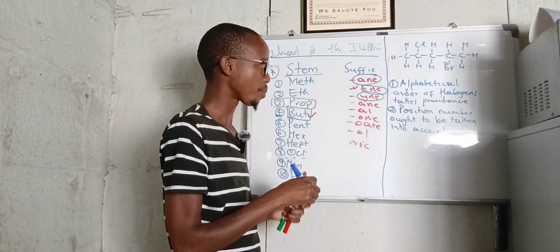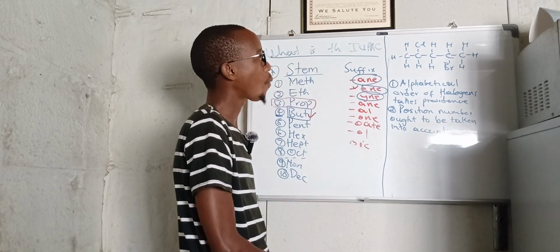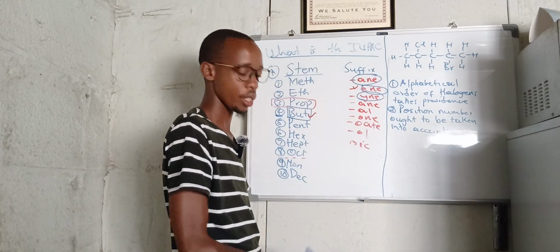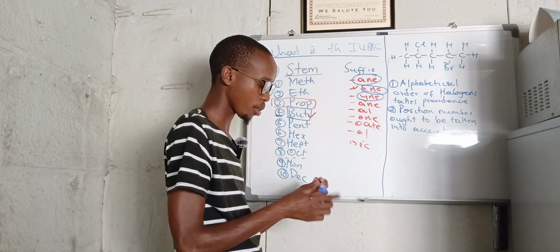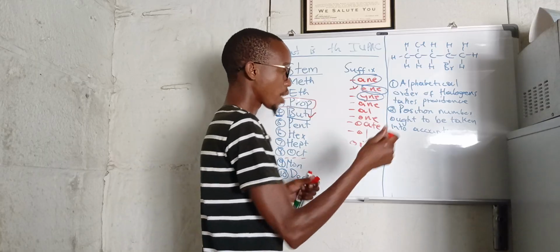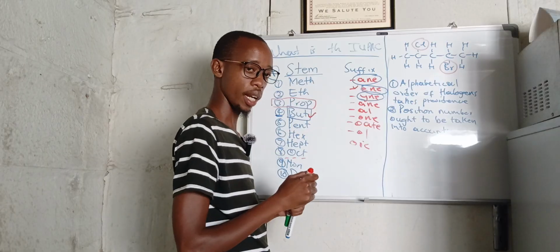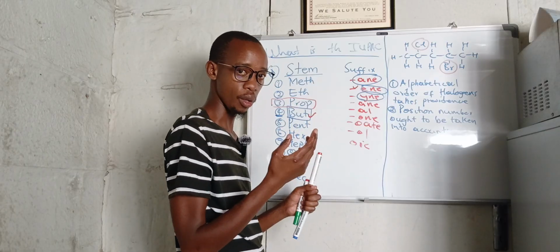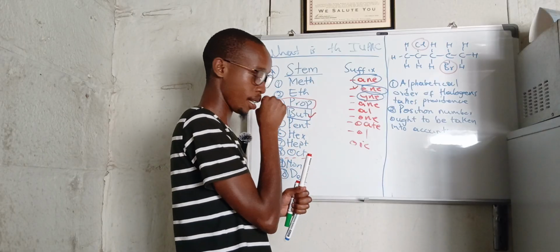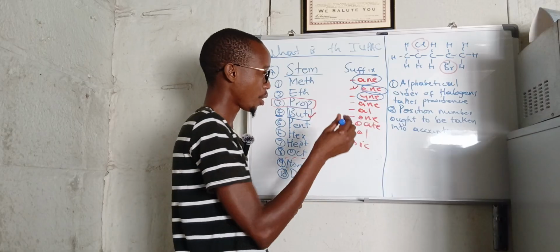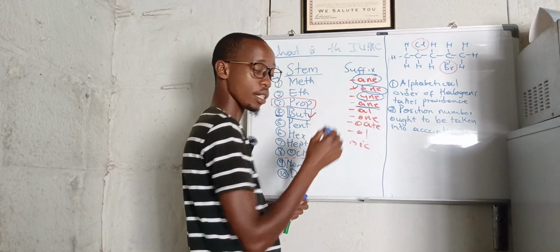So now let's try to name. We check what is the functional group. We see two halogens. Halogen number 1 is bromine, halogen number 2 is chlorine, which are here. All right, so that simply means it's a haloalkane. And if it is a haloalkane, its suffix is ane.